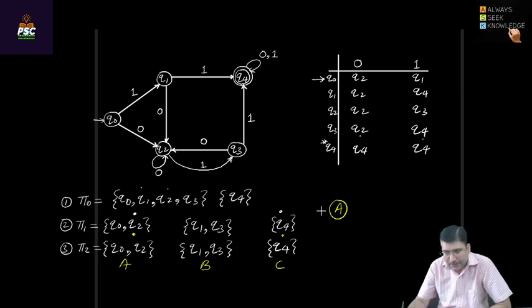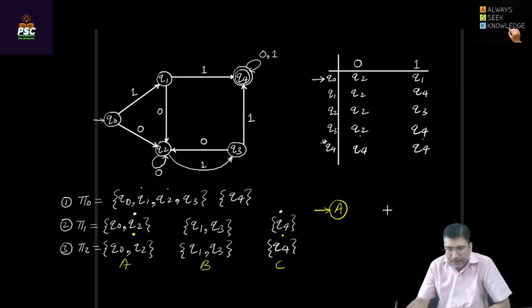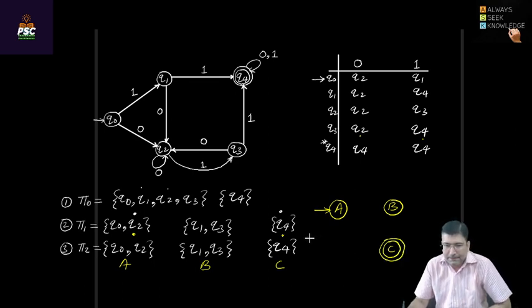A is my initial state, which is the combination of Q0 and Q2, and B is another state which is non-final, and Q4, let's say I'm drawing here, Q4 means C, so C is here and that is the final state, right?